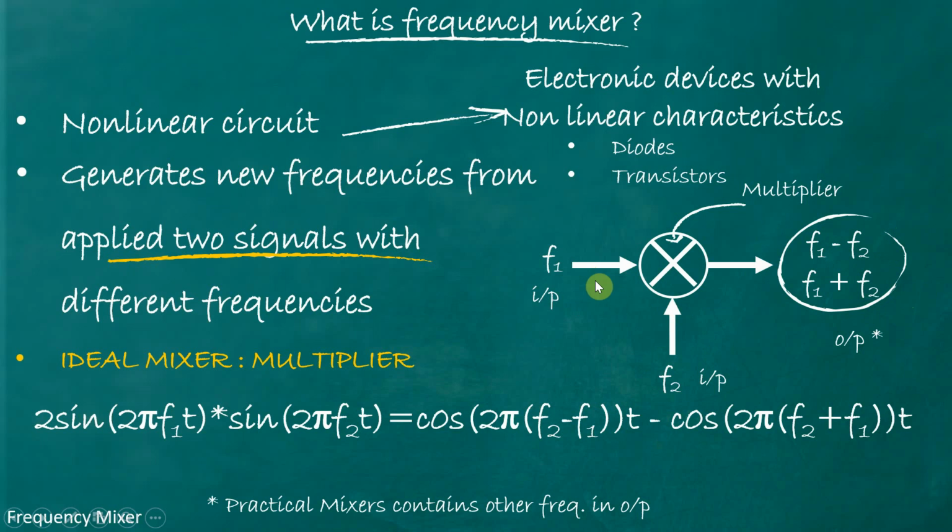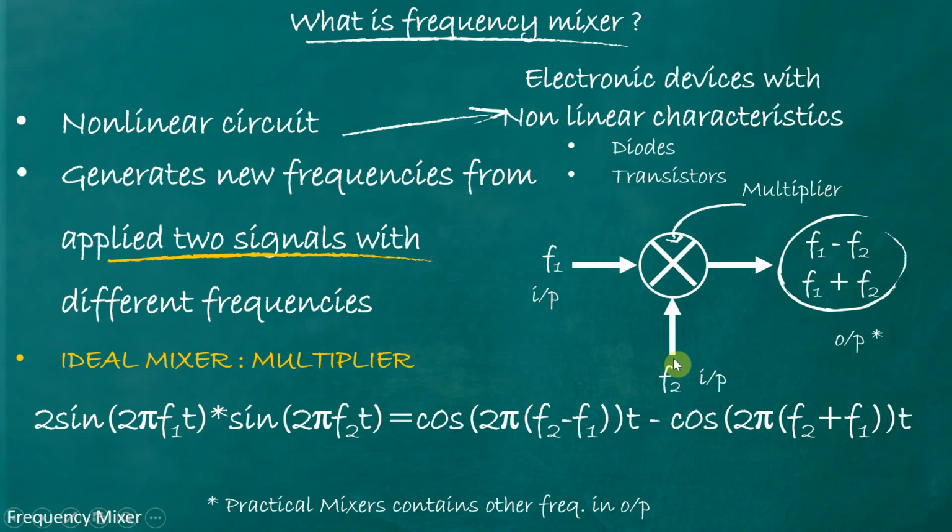To understand this, you might be thinking how it results in this difference and sum frequency if you multiply two frequency signals f1 and f2. For that, here I have represented one equation. Suppose one input signal is sin omega 1t, another input signal is sin omega 2t.